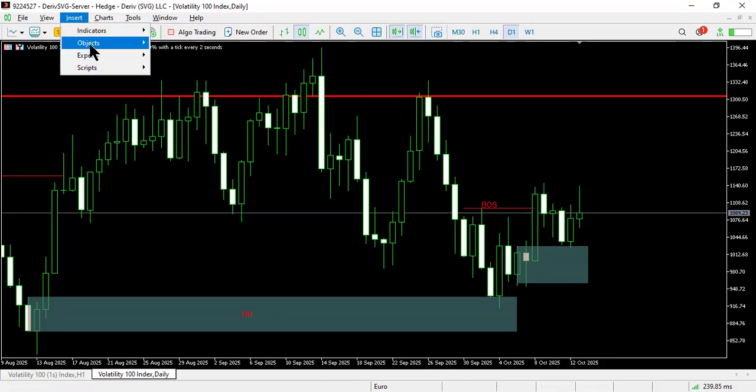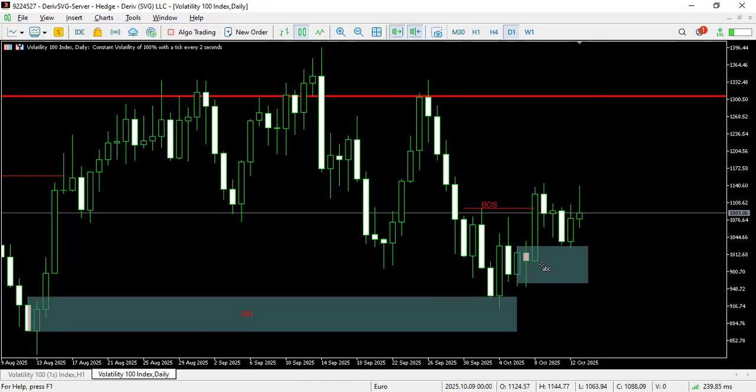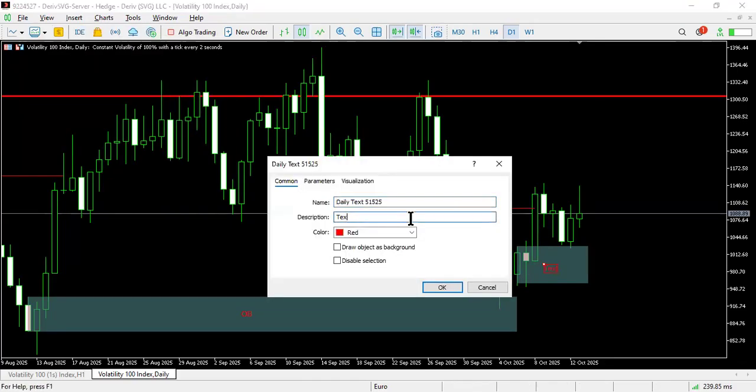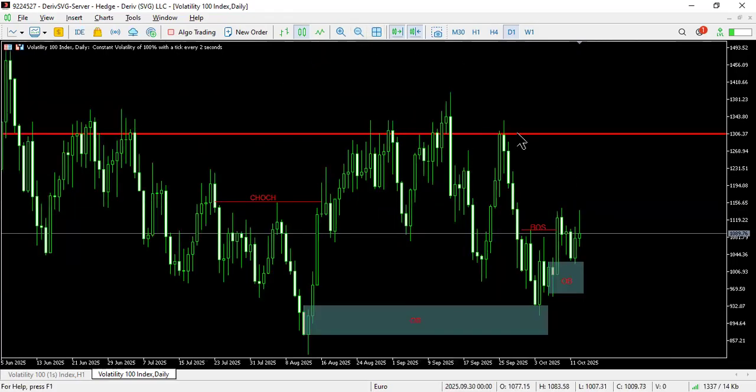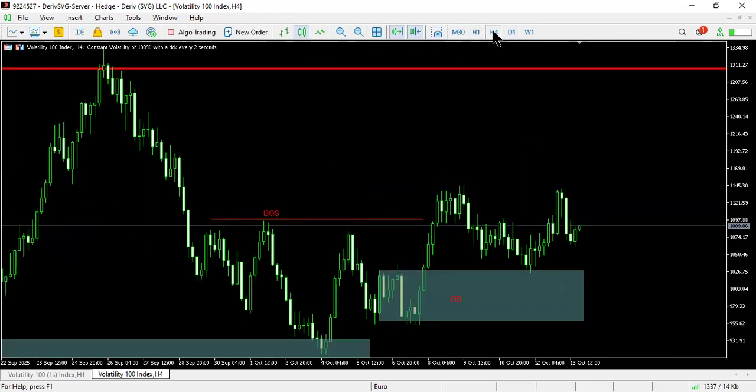So that is the order block which caused that break of structure. So that's it from the daily time frame. We are indeed pushing up and we are targeting that swing high. So if we go to the 4 hours time frame, we can just adjust.